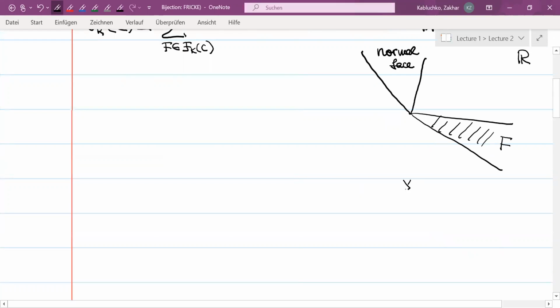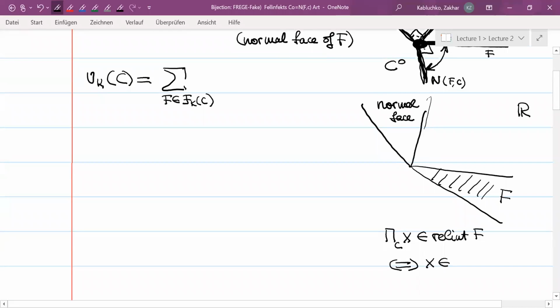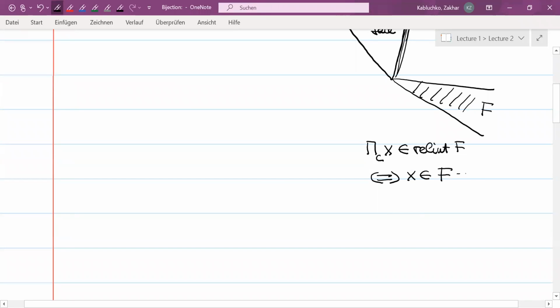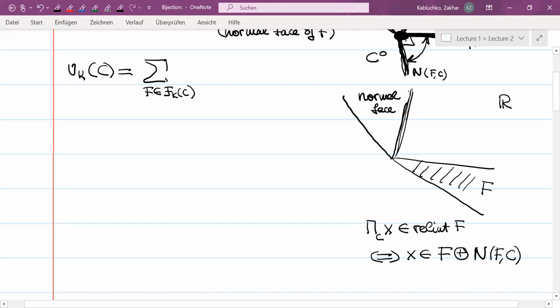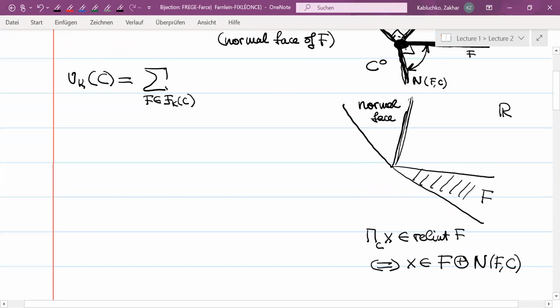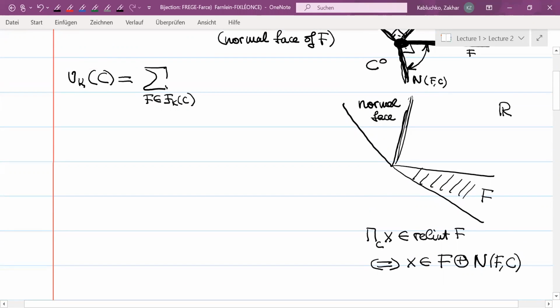So X projects to the relative interior of F if and only if X is where? Well, it should be above F in the direction of this dual face, right? So it should be in F direct orthogonal sum with the normal face, right? Of course, what I give here is not a proof, but I think it should be easy to believe.